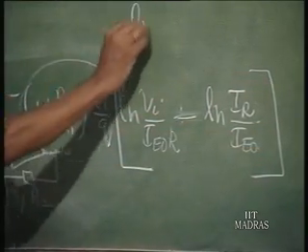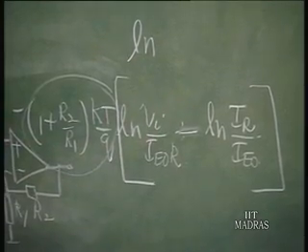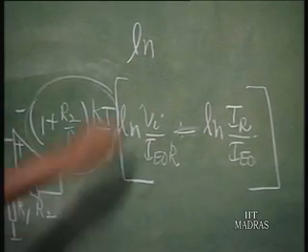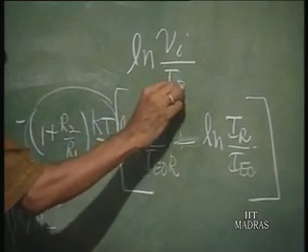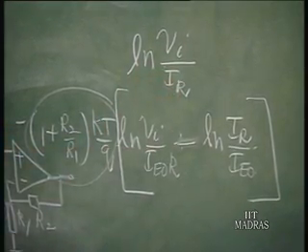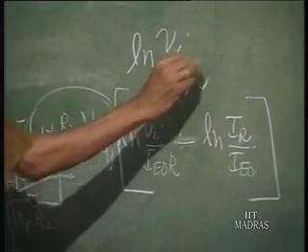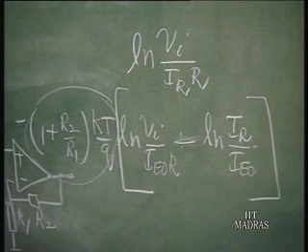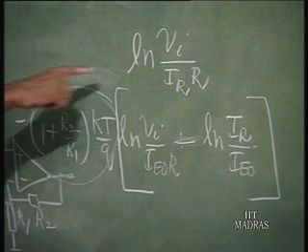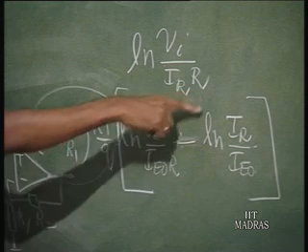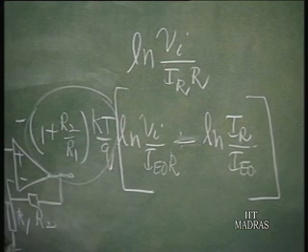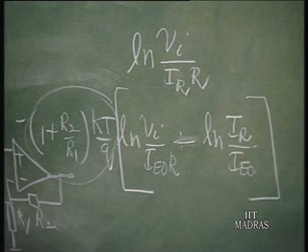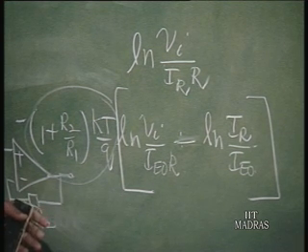This becomes log x minus log y, log x by y, and it becomes independent of I E naught, into R. So, this whole thing becomes logarithm of V I by I R R. I E naught gets cancelled. This is the way to compensate for the effect of I E naught using matched transistors.